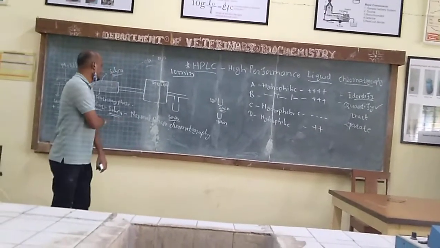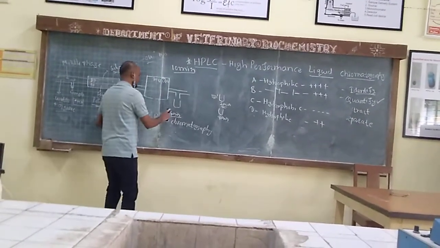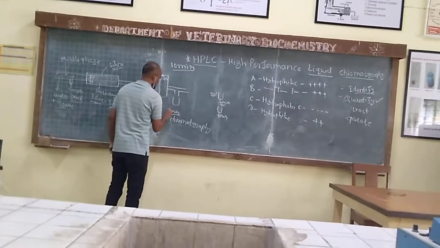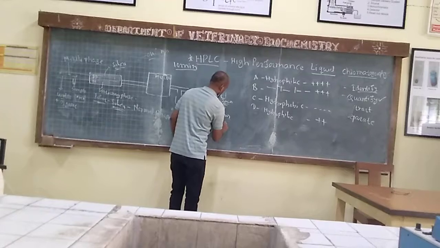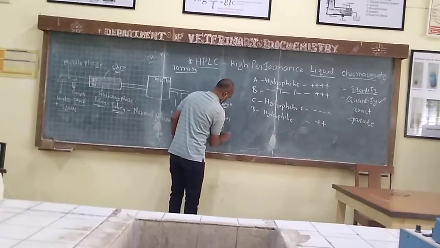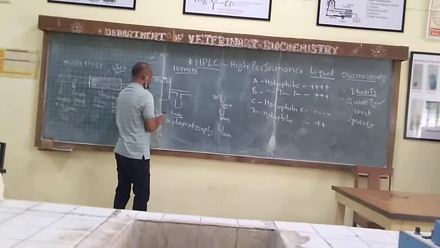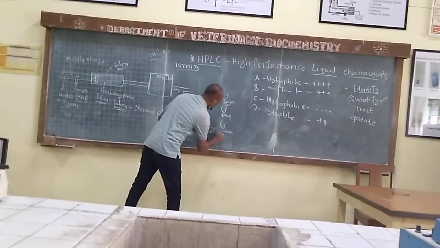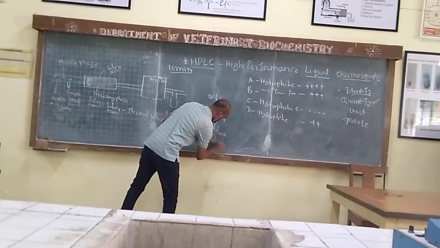Okay. Now what? After again 4 minutes, we will put another tube. 6 minute fraction we have collected. After 6 minutes, after 2 more minutes, after 8 minutes, we are taking sample.